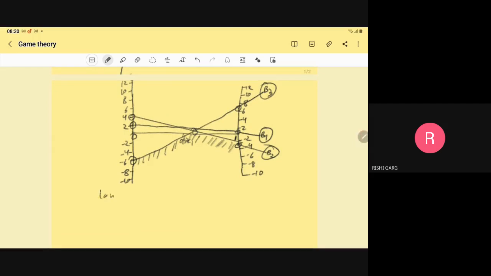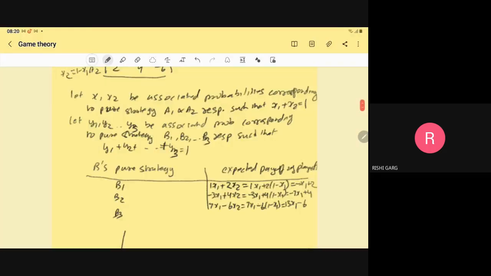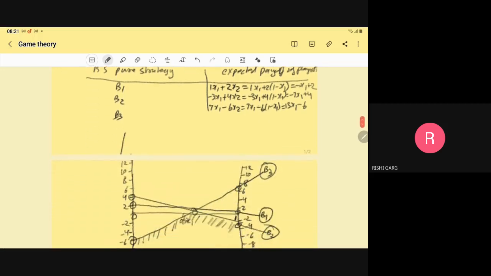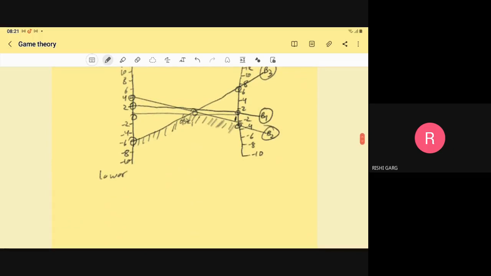We have to compute the row min first, then the max. So from the expected payoff we are computing the max of min. First we compute the lower envelope, and from the lower envelope we compute the maximum point.